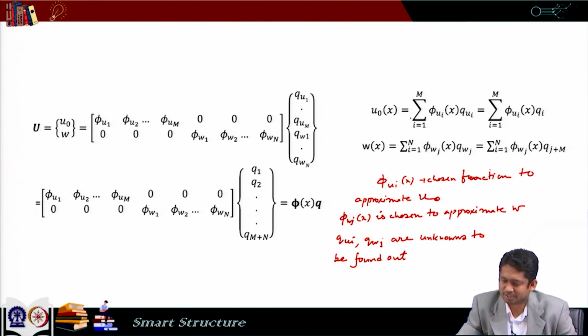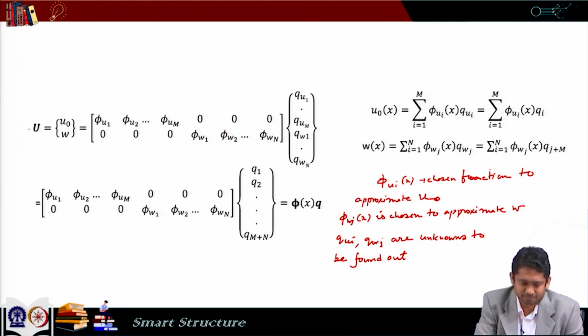Now, we have assumed that our u 0 has this m number of terms and w has this n number of terms. So, the vector q u ranges from 1 to m and the size of the vector q w is n.